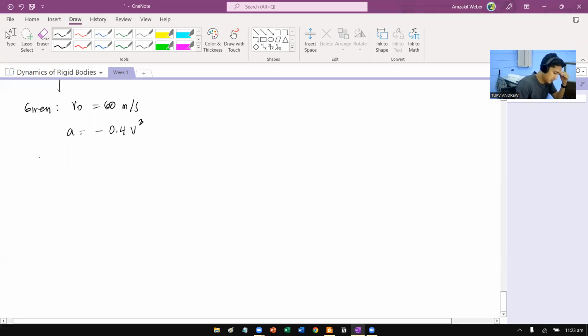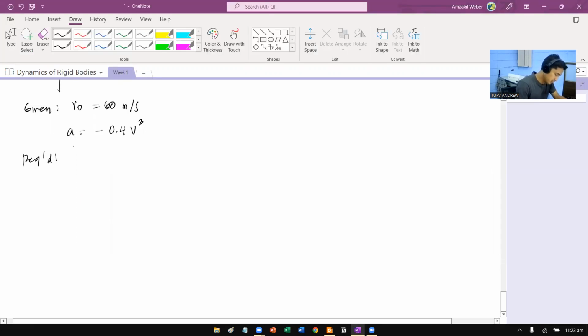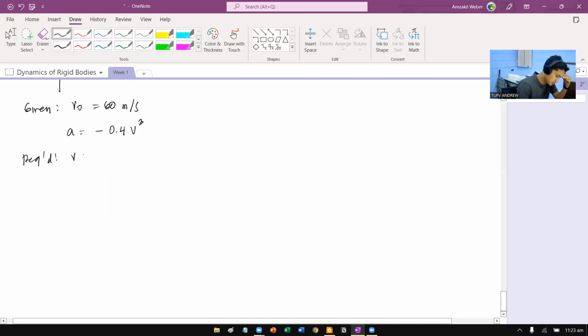The required are the velocity and position. Velocity at 4 seconds, and the position, let's call it x, at 4 seconds. Okay, let's go now to the solution.